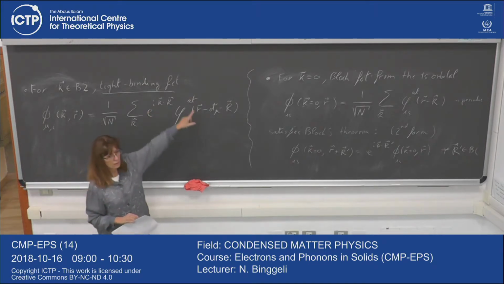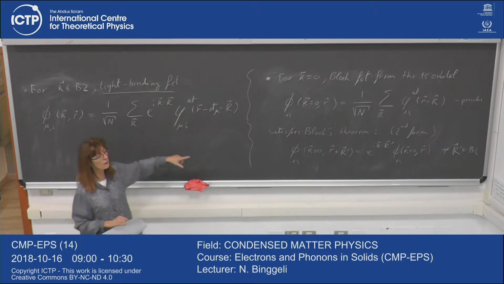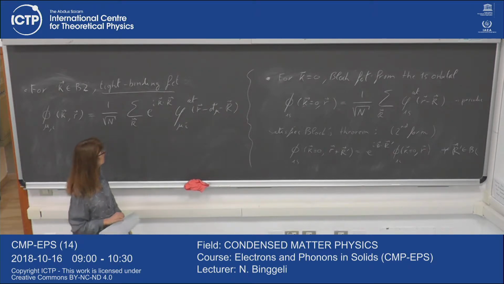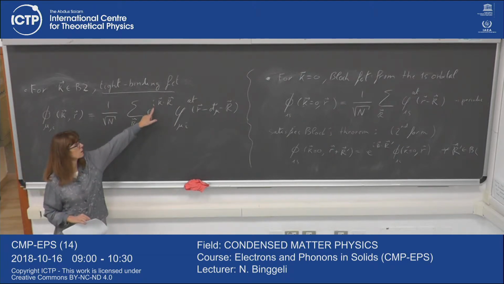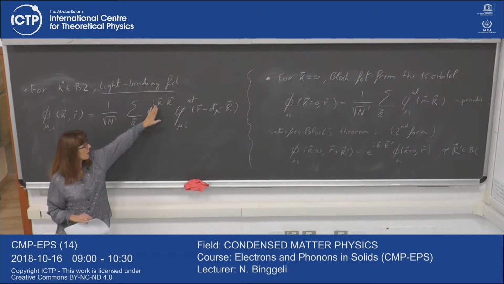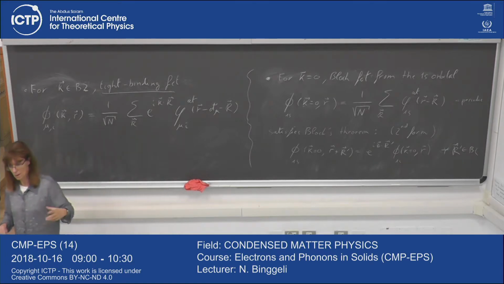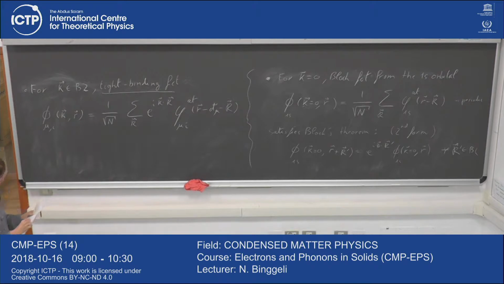So it's a linear combination of my atomic orbitals and the specific coefficient that will give a Bloch state is this phase, exponential ik times R. Okay, so this is an ansatz. I'm telling you that this linear combination of atomic orbitals satisfies Bloch theorem.